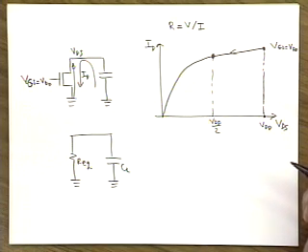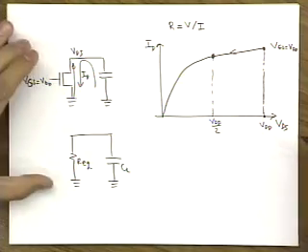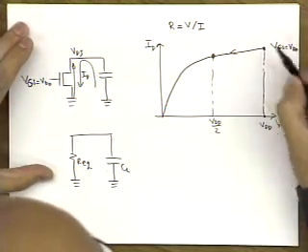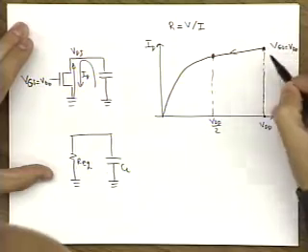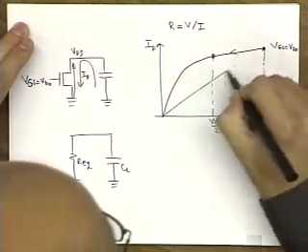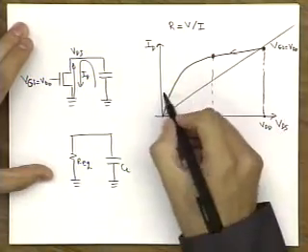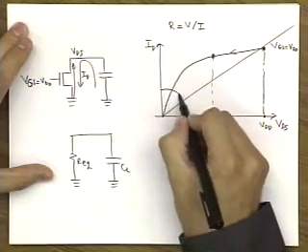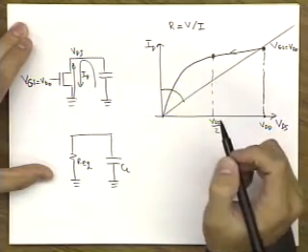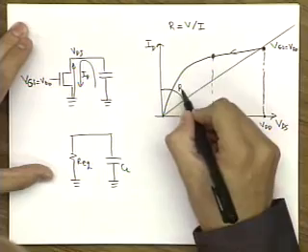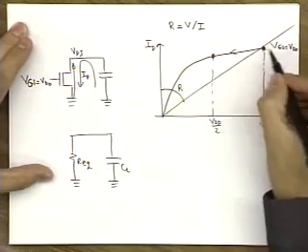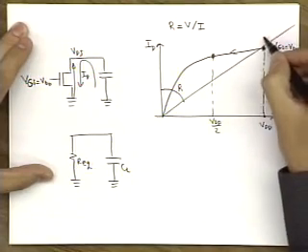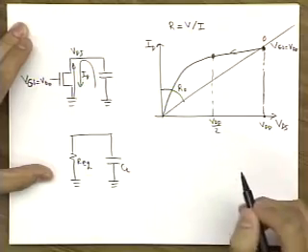That is 50% of your signal swing. If you look at the resistance at this point, the slope of this line, this angle, corresponds to the resistance at this point. Let's say this is a point at time 0, this is R0.